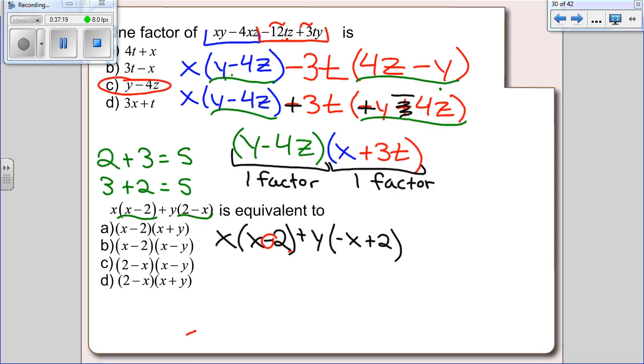So this is going to become a negative Y, and then a positive X, and then a negative 2. So you've reordered it, and then you've changed the symbols. Now you have X, X minus 2, negative Y, X minus 2.